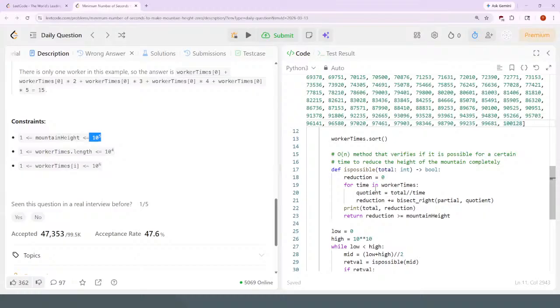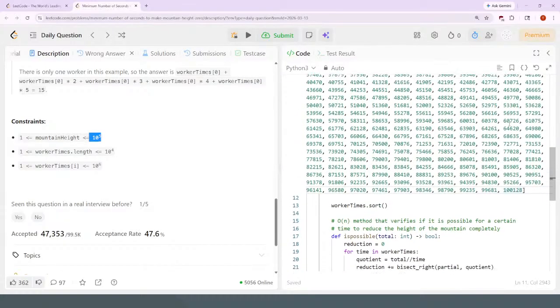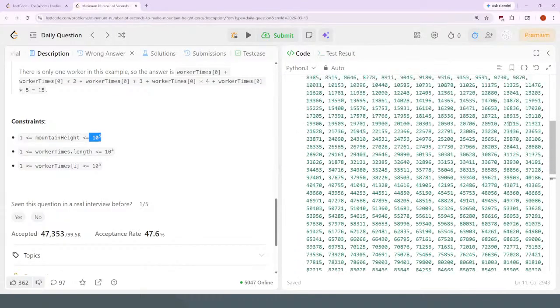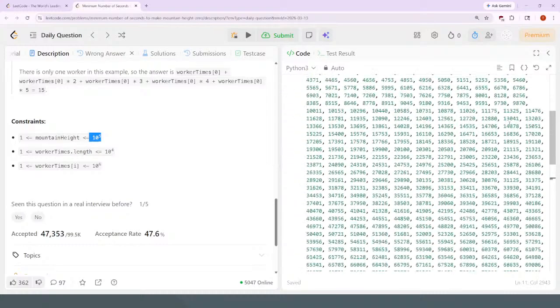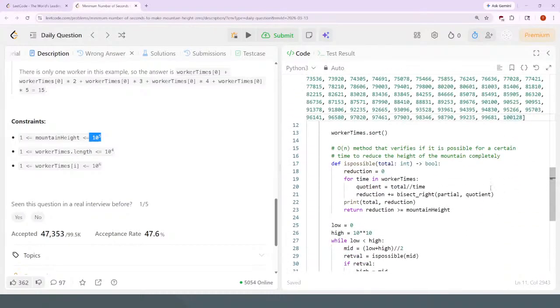So if I have a worker time, and if I have a worker time, I can fill out more partials if I find that the bisect right is not far enough, maybe.